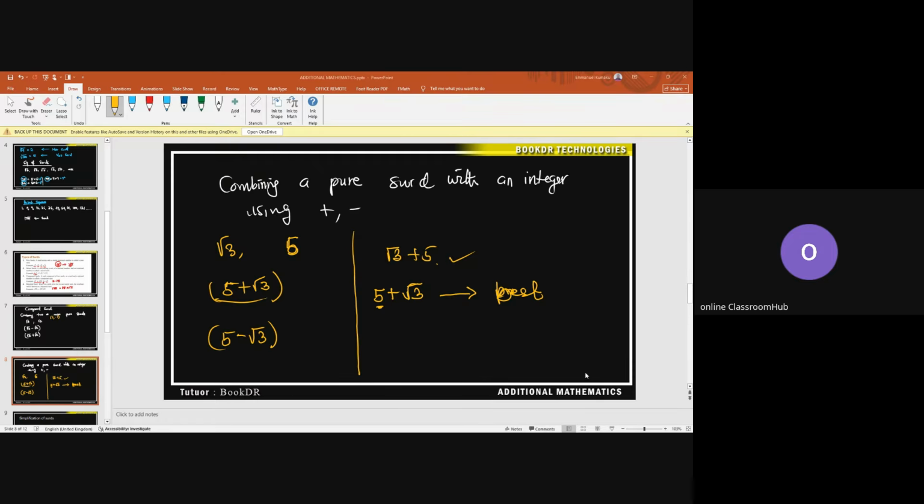By convention, it is better written that way because when we are writing by hand and you don't write the whole number part first, sometimes your writing can even be deceptive to the one reading.